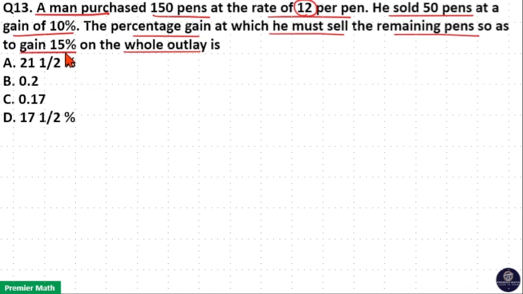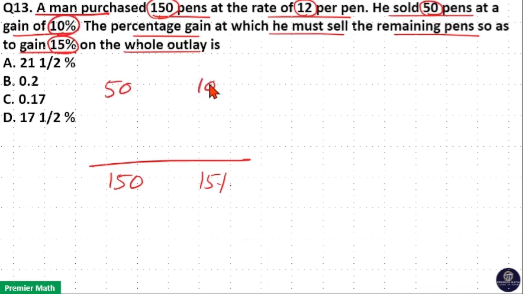Now we need to get 15% profit from the total 150 pens. Out of this 150, he already sold 50 pens at 10% profit. Now the remaining are 100 pens. So we should sell 100 pens at X% profit to get 15% total profit from these 150 pens.